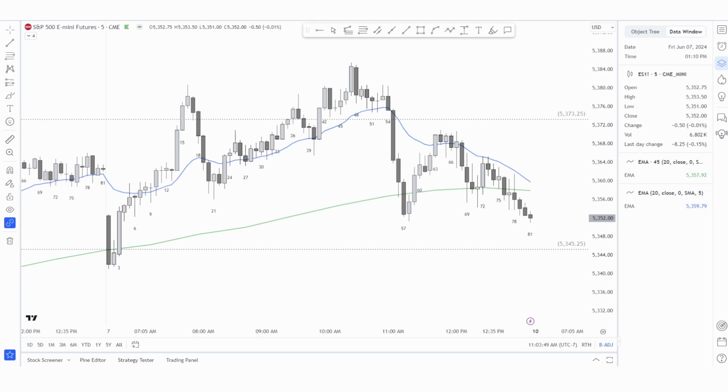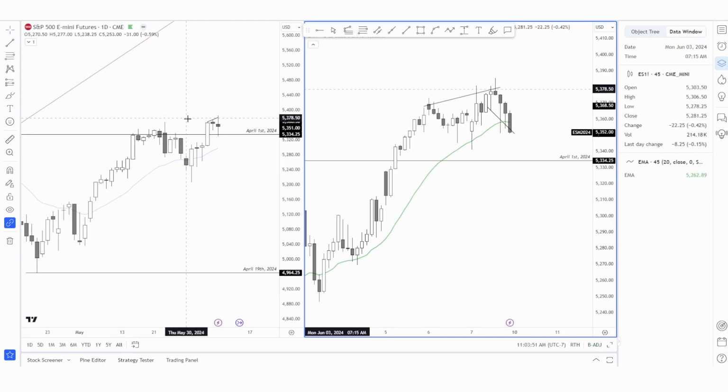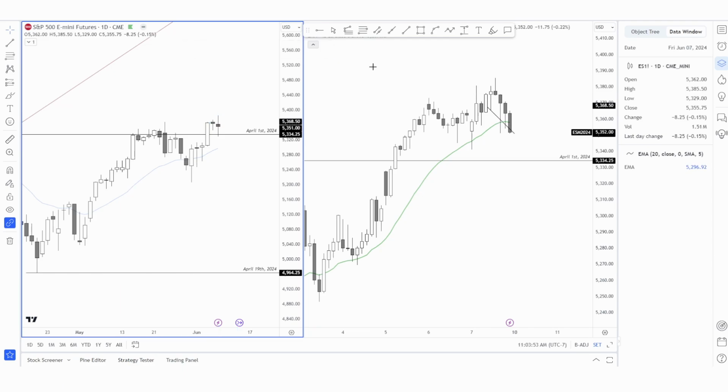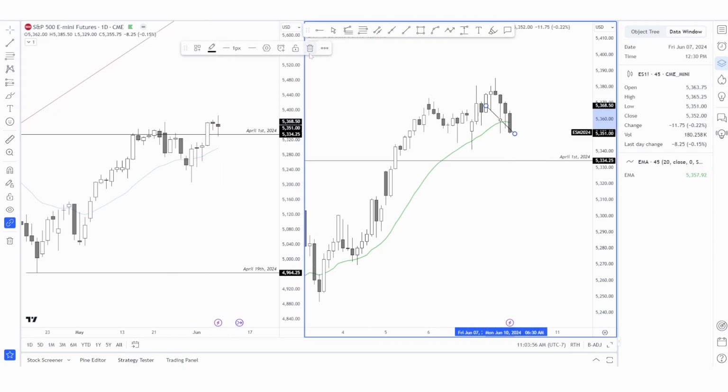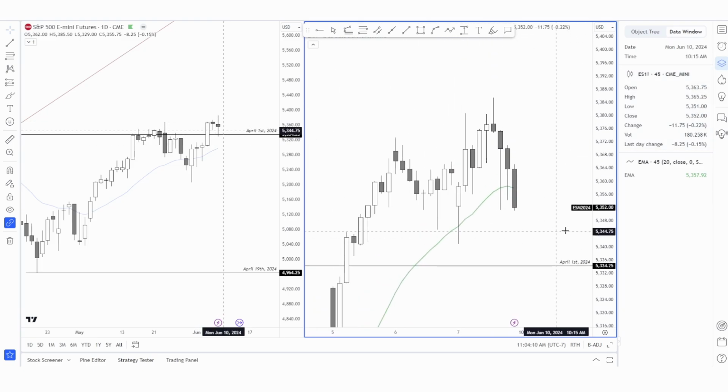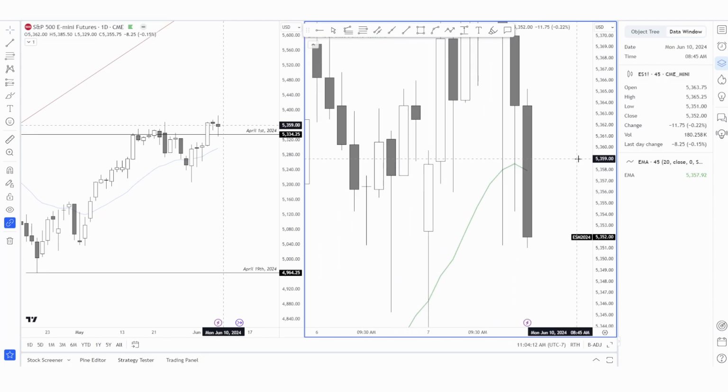So we're going sideways on the daily. See what happens on the 45-minute chart here. It looks like bulls are starting to get closes below, but the low of this is 51.25. The low here is 51. So there's actually a tick gap. Wait a minute. Am I saying that right?